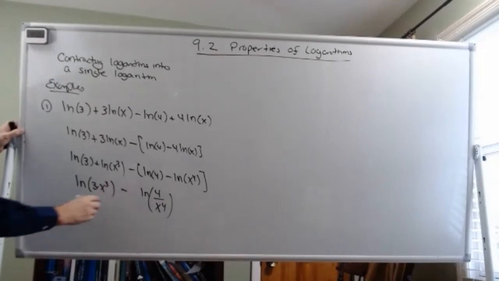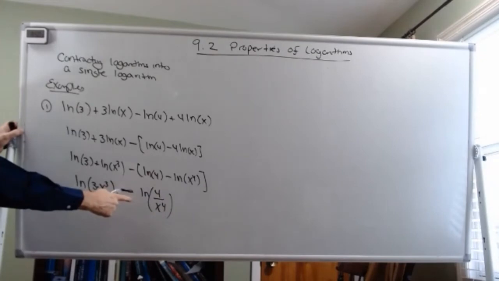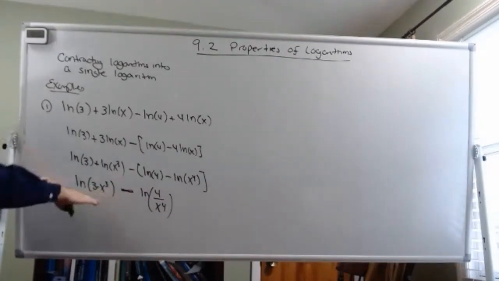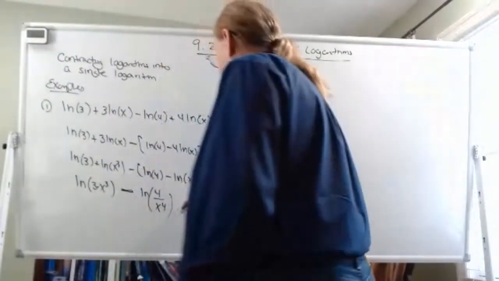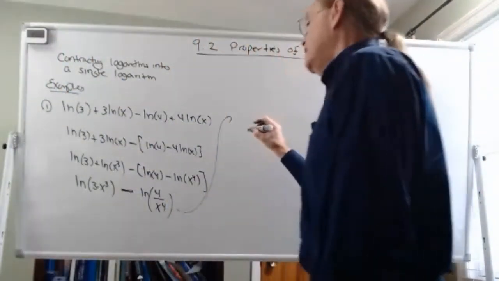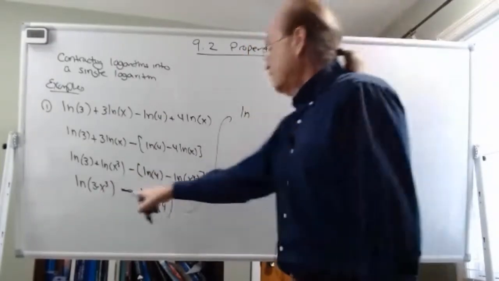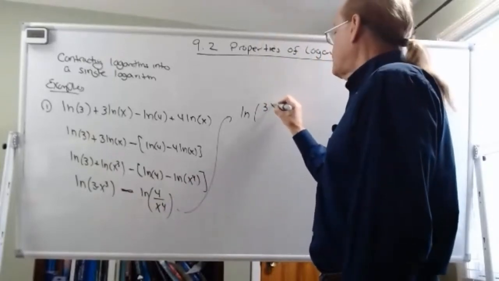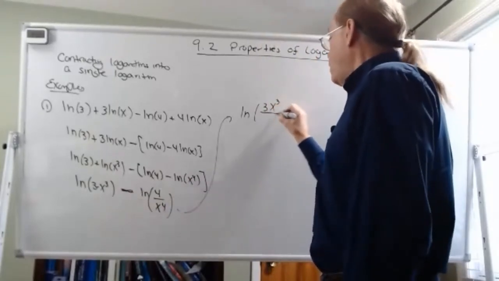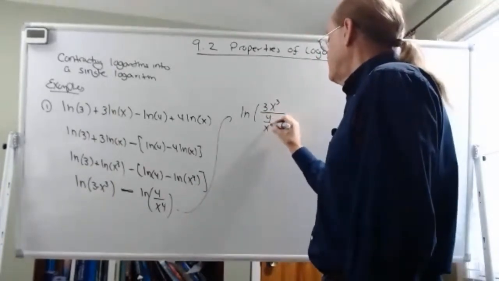Okay. Now this is a difference over here. So how can that combine? Well, I can do that as a quotient again. So this can become the natural log of 3x cubed over 4 over x to the fourth.